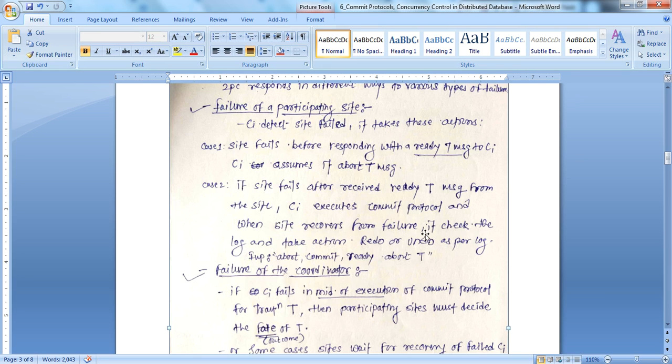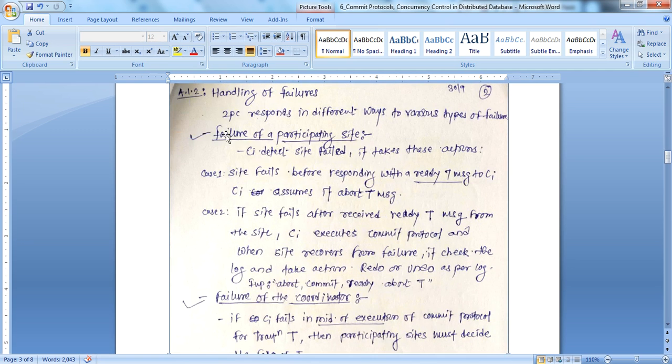The site recovered from the failure checks the log and takes the action as per the log. This is the site failing before the ready T message.